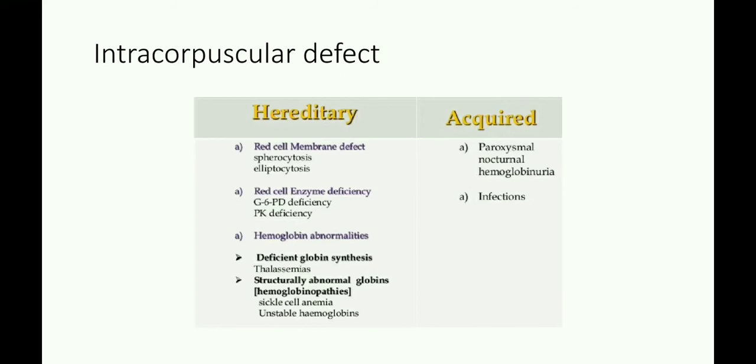A qualitative defect in the hemoglobin is observed in sickle cell anemia, whereas a quantitative defect of hemoglobin is observed in thalassemia. In all these, the problem is within the RBC, so it is an intracorpuscular defect.